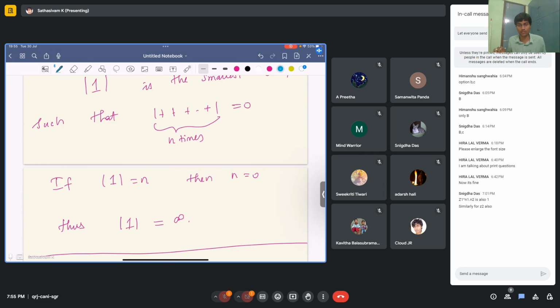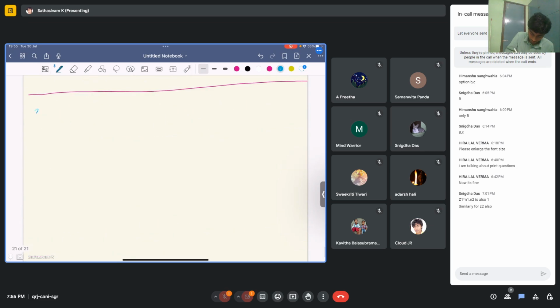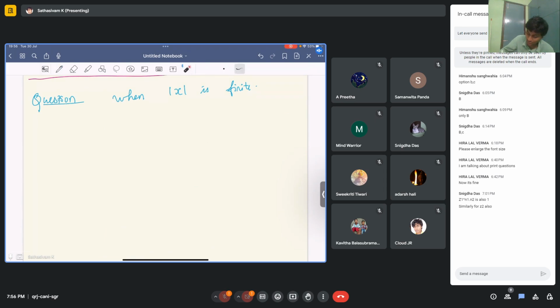So when is the order of x less than infinity, when is the order of x finite? We may not be able to say when the order of x is infinite, because that depends on the group.